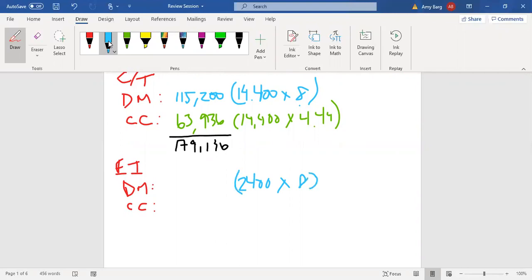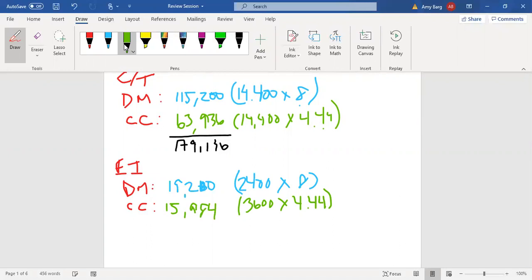So that is 19,200. And for conversion costs, we just said that there were 3,600 units, and we can multiply that by this $4.44. And so that will give you 15,984. And if we add all that up, we get 35,184.